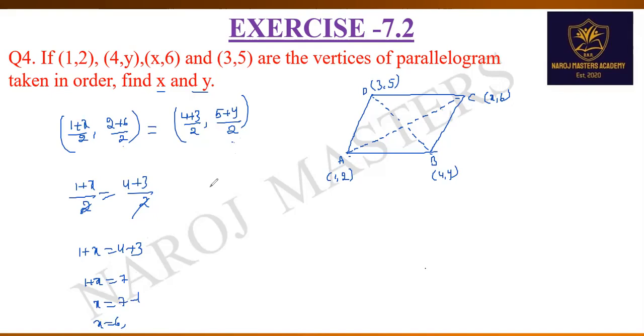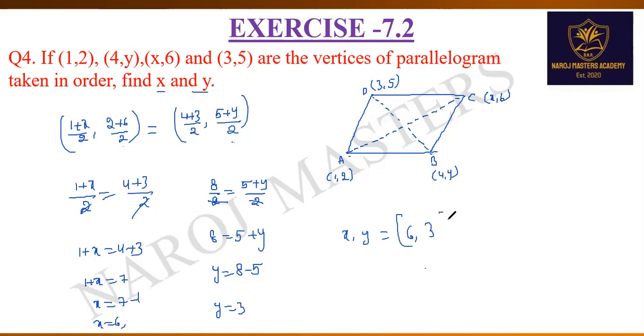So (2 plus 6), that is 8 by 2, is equal to (5 plus y) by 2. 2 gets cancelled. So 8 is equal to 5 plus y. So y is equal to 8 minus 5. So y is equal to 3. So the coordinates x comma y are (6, 3). Okay. The coordinate point is (6, 3) here. Now look at question number 5.